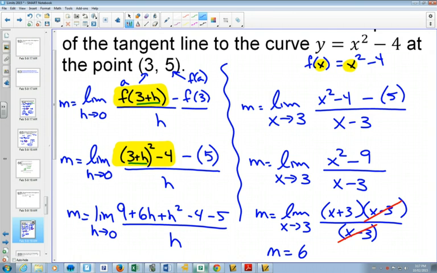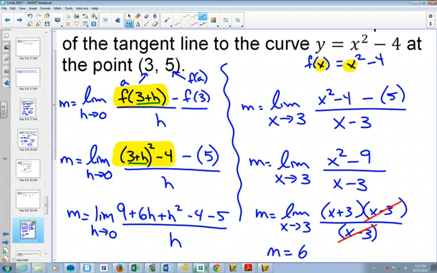When we want to find out what are all the derivatives for x squared minus 4? What is the equation for all the derivatives? In this case, you're going to find out that the equation for all the derivatives of x squared minus 4 is just 2x. And when x is 3, what's the slope? 2 times 3? 6.